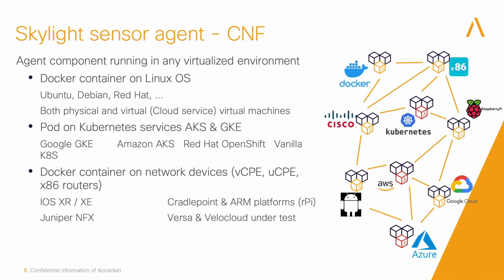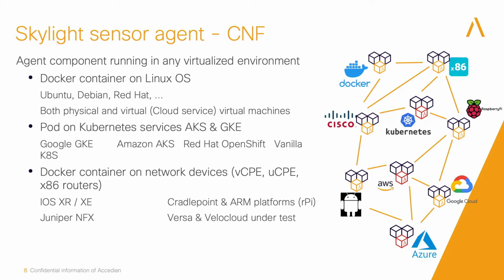At the bottom, you see SDK, and this is something we are working on at the moment. So we're working on this together with a couple of our key customers to develop a framework for them to deploy their own tests using the Skylight framework for automation of service testing.